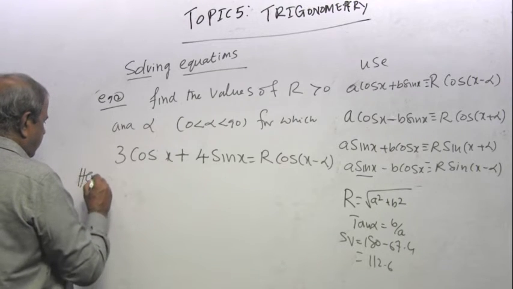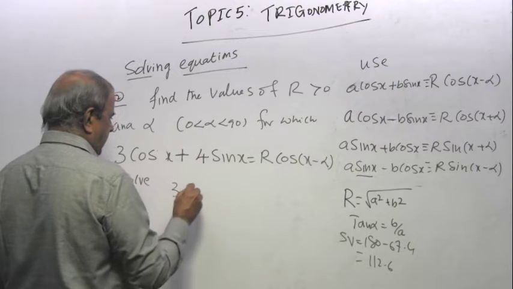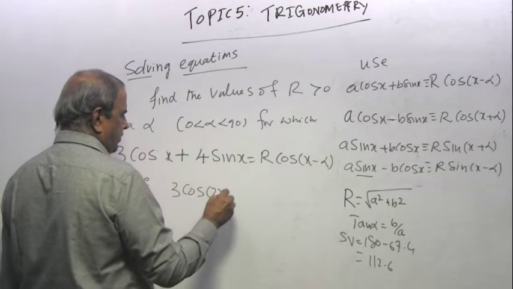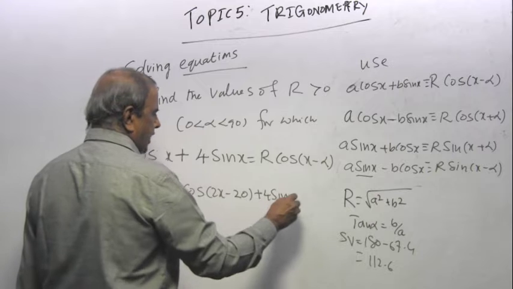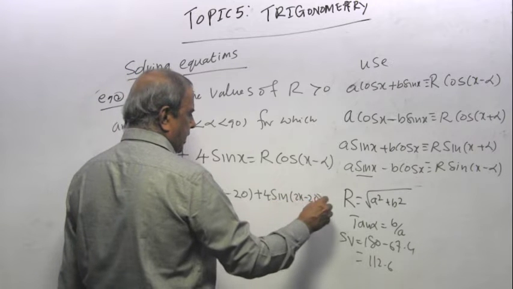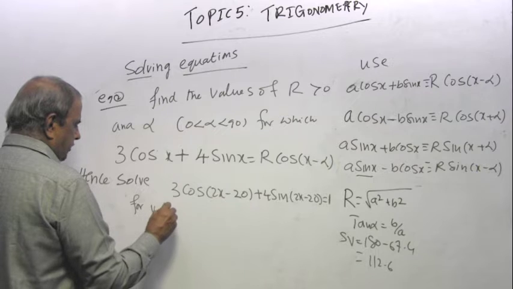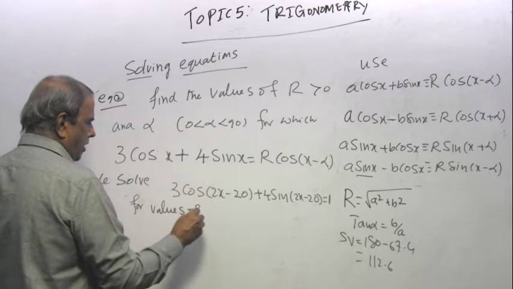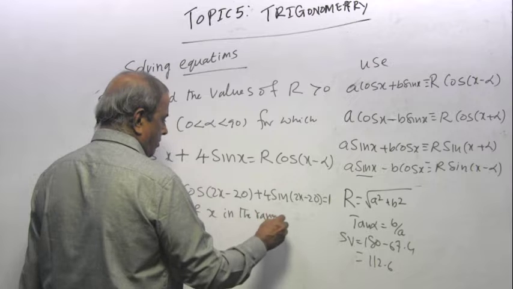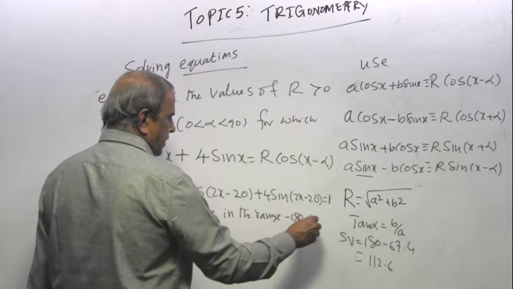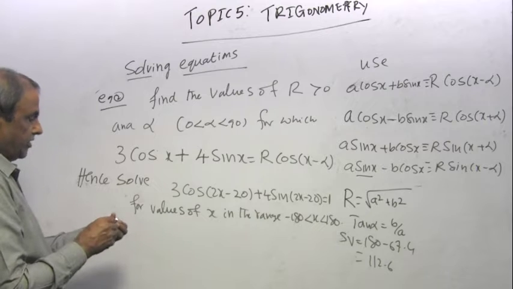Hence, solve 3 cos 2x minus 20 plus 4 sin 2x minus 20 equal to 1 for values of x in the range minus 180 less than x less than 180. That's the question.